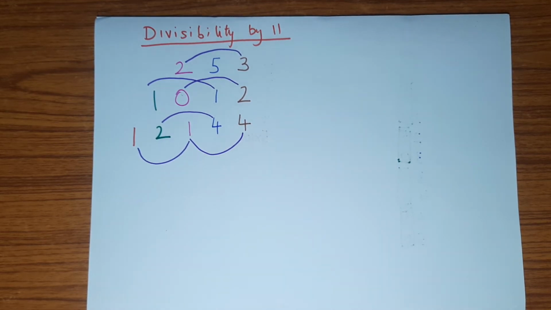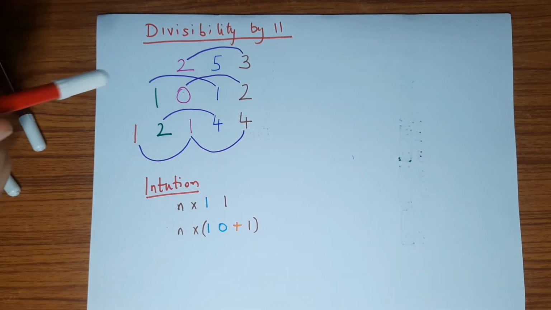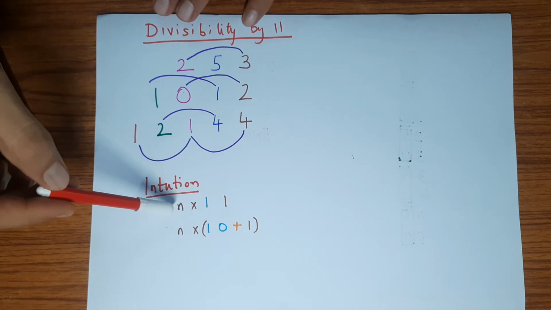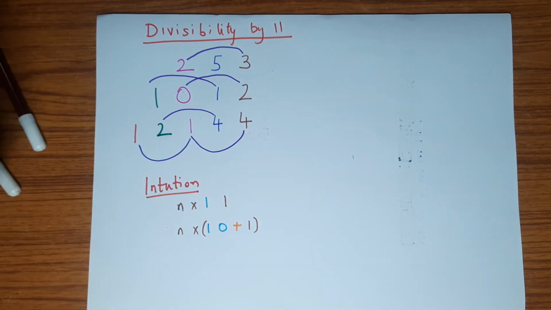So the question is why? Okay, so let's look at it just intuitively. If I have a number that's a multiple of 11, that means there is some number that I can multiply by 11. So 11 is 10 plus 1, so it kind of makes sense that there is a number and then it is shifted by 10 and added to itself.